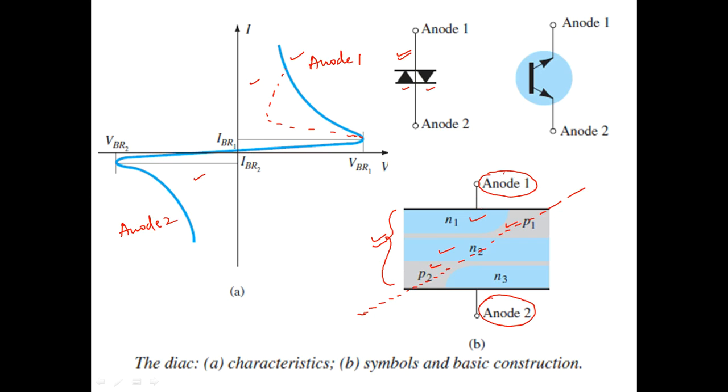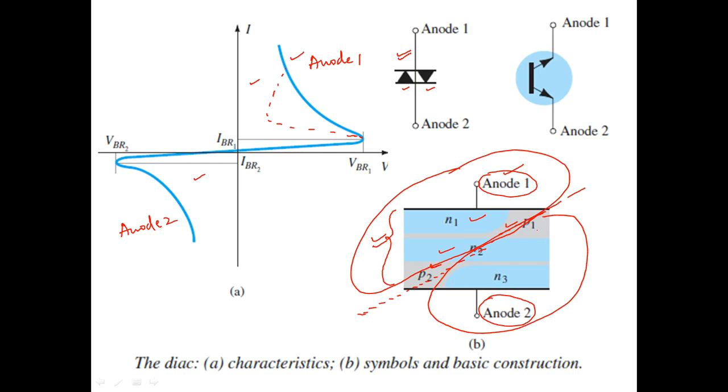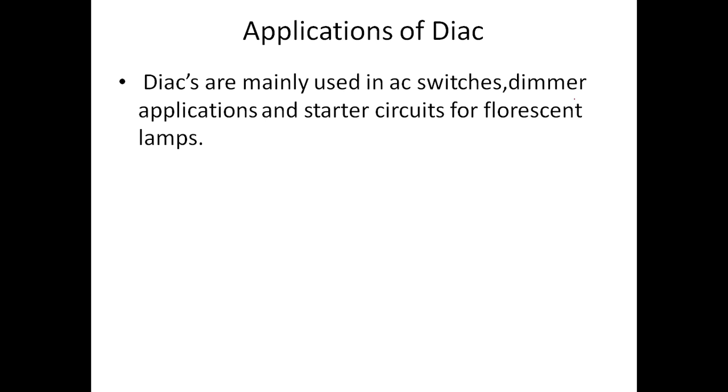When anode 1 is made positive, this particular structure is effective. When anode 2 is made positive, then this particular structure works. So it is again P N P N. So there are 4 layers which work at a time. Altogether you can say that there is a current flow in both the directions. Just look at the symbol of this. The current is flowing in both the directions.